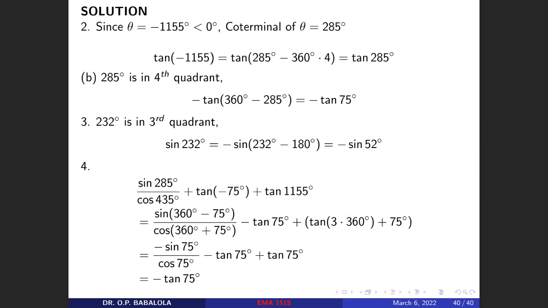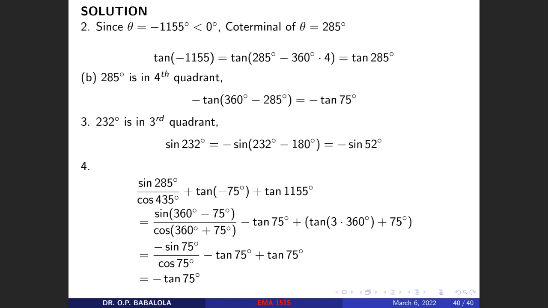1155, if you divide this into 360 places, will fall under 360 times 4. I'm sure about that. Okay, so that would be like 360 times 4, right? Yes, 1440.